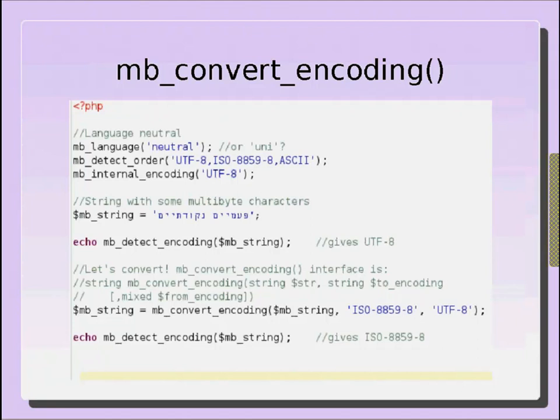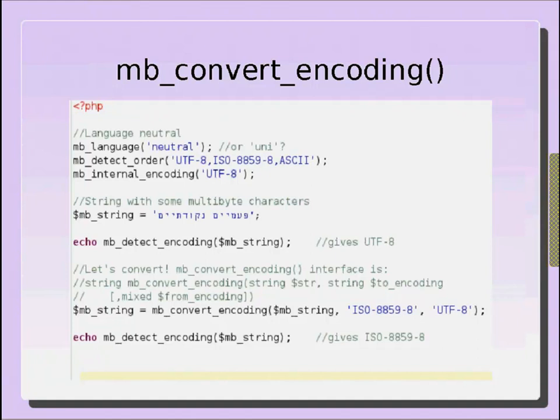Again, every snippet in this presentation is UTF-8. So we have a string here with some multibyte characters, some Hebrew characters. Let's see what it is already. mb_detect_encoding tells us that it's UTF-8.